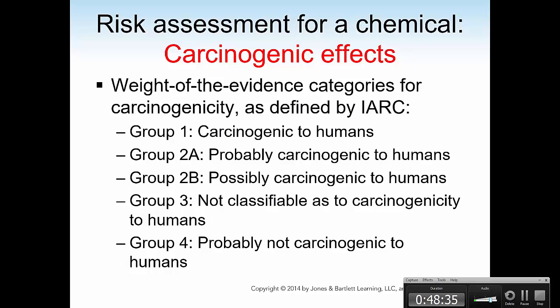We put them into group one if we know that it is without a doubt carcinogenic to humans. There's 2A, there's a probability that it's carcinogenic to humans. 2B is possibly carcinogenic to humans. Group 3, not classified as to carcinogenicity to humans. Group 4, probably not carcinogenic to humans.